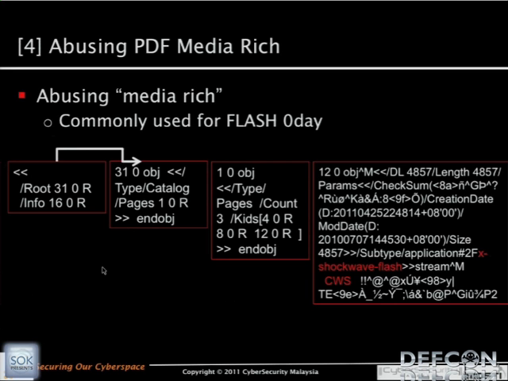You check /Root is pointing to object 31, and then object 31 has the Pages pointing to page object 1. So you go to object 1 here, and then you have a page. And the page somehow has a reference to object 12. You go to object 12, and object 12 somehow has a Flash file on top of it. Okay.